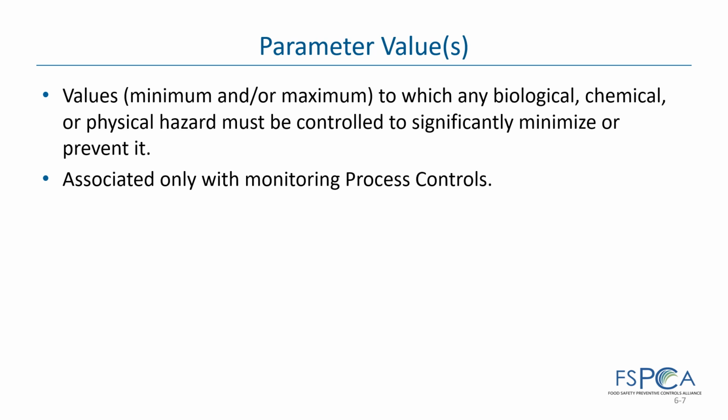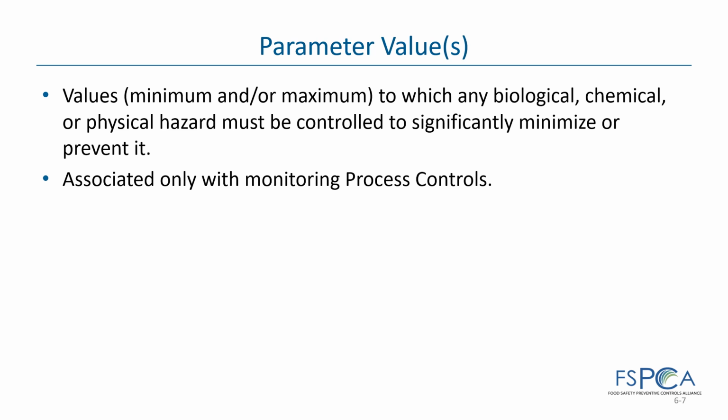Also, we use the term parameter value in a very casual way. However, under this regulation and within the context of our food safety system, a parameter value is safety associated.